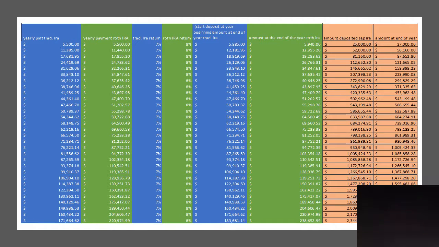In the traditional, you would have about 200,000, and that's at 7%. However, if you look at the SEP IRA, you can see that you get almost 2.5 million. So that's for everyone to decide. It's your decision. It's what your risk tolerance is. But those are some ideas for you.